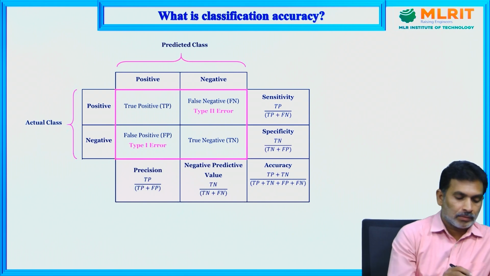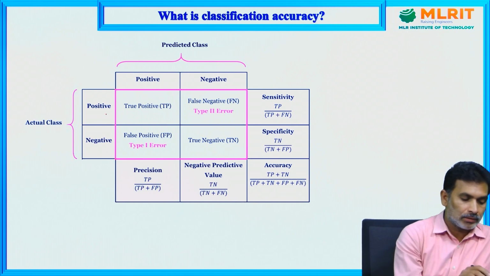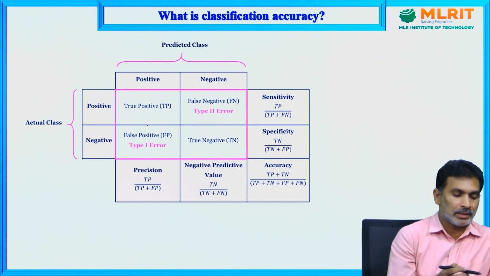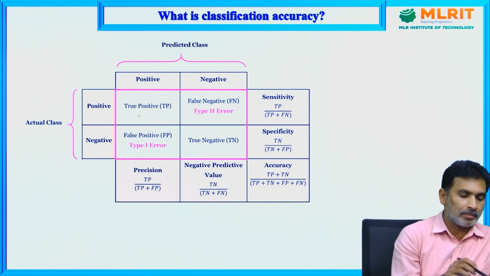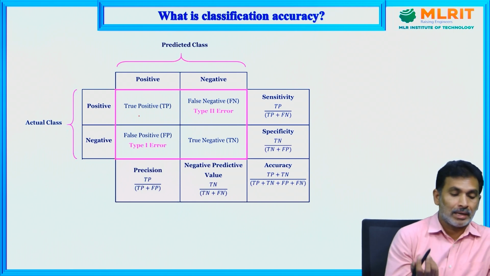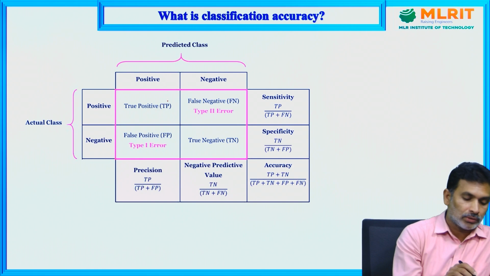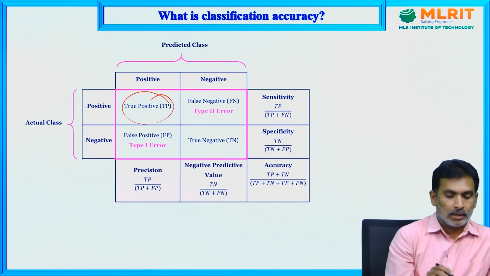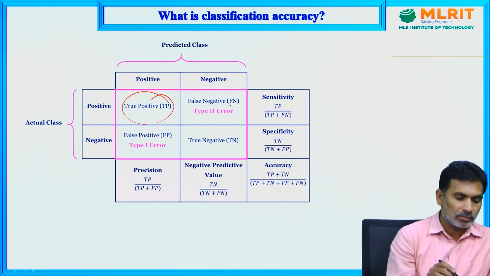Next, there will be the total number that belongs to each category. Predicted positive and actual positive are called the true positive values. Predicted negative and actual positive are called false negatives.